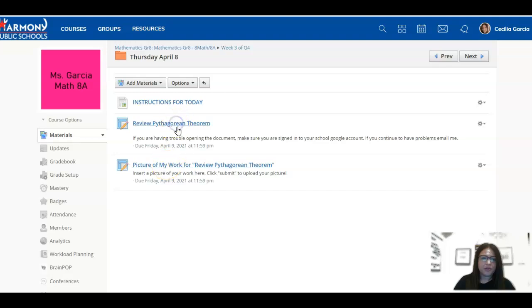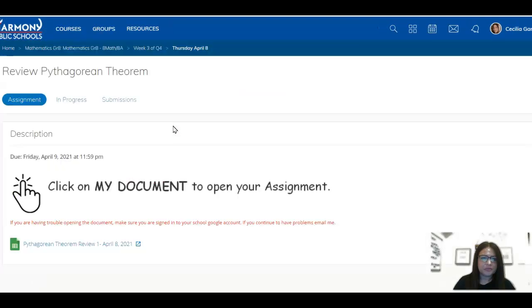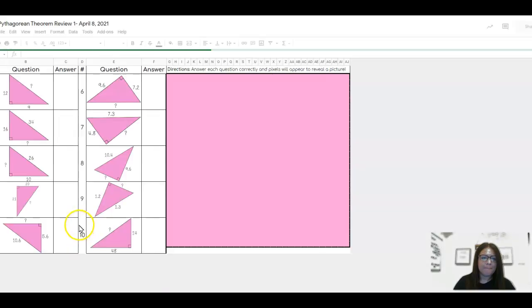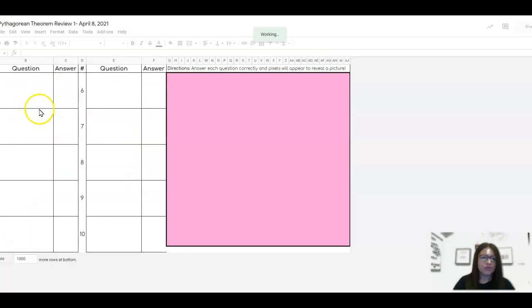So let's open up that assignment. Now for you, you have an option to open up your document up there. So go ahead and open up your document, and you're going to do your work on here.